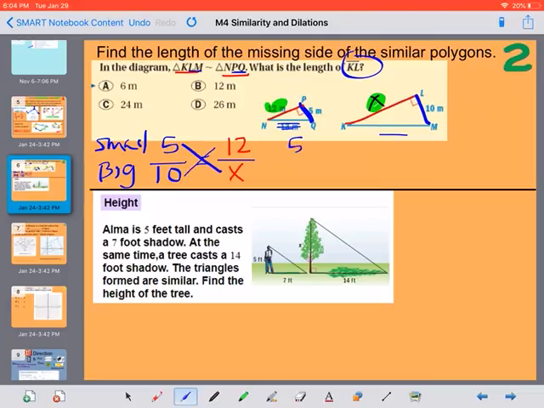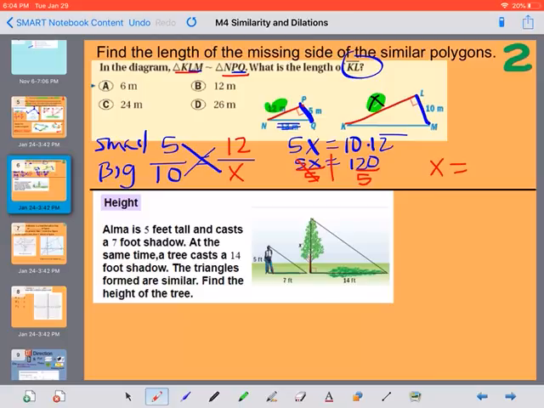5 times X is 5X. 10 times 12 is 12 with another 0 on it, 120. And then the opposite of multiplying by 5 is dividing by 5. 5 divided by 5 is just 1x, or x.